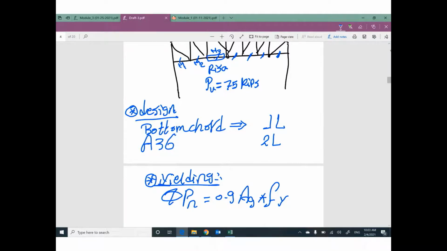That means F yield for this type of steel, 36. F ultimate will be 58, I think, ksi. Please, these assumptions must be written in your project. You have to tell me what is the type of steel. And based on your assumption, you started to design.